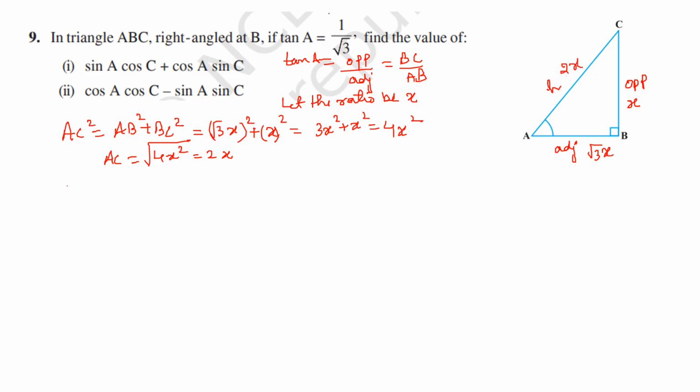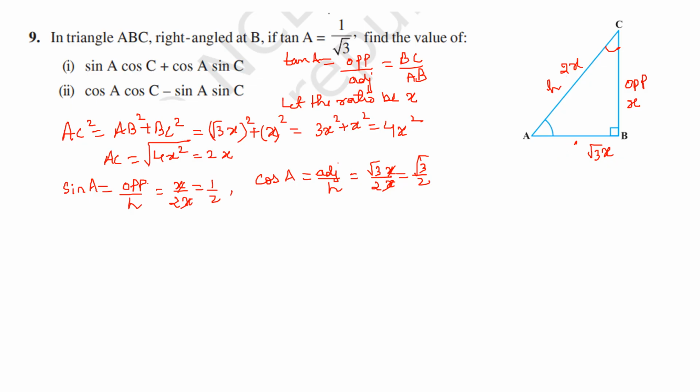Now let's find the value of sin A. Sin A is opposite by hypotenuse. Opposite is x by 2x, which will give 1 by 2. Cos A is adjacent by hypotenuse, which will give me root 3 x by 2x. So it is root 3 by 2. Now cos C. Now with respect to C, you have to find which is the adjacent and the opposite side.